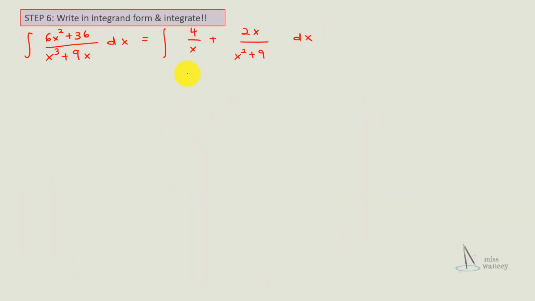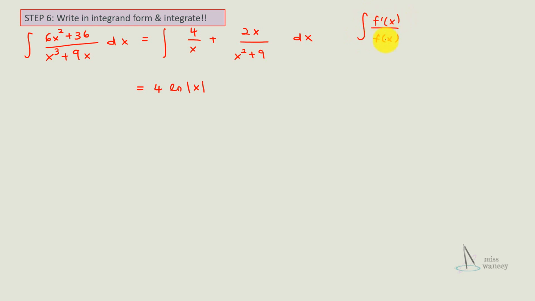Right, so now let us integrate them. Okay, so integrating 4 over x, so this is simply 4 ln x. Integrating 2x over x squared plus 9. So you can either choose to use substitution or you can choose to remember the formula for f prime over f(x).